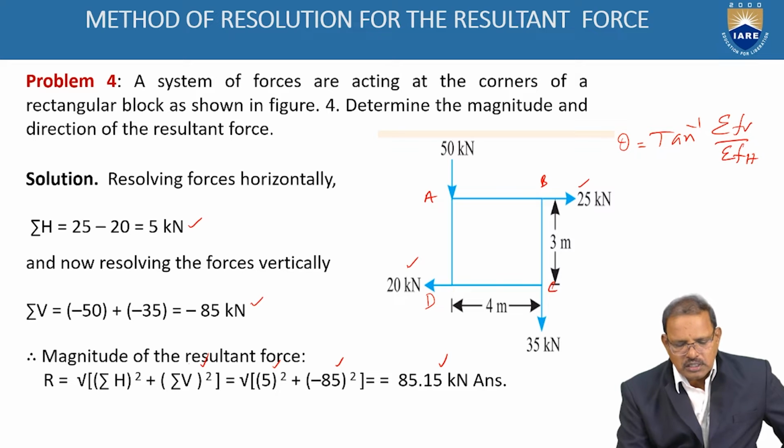That means the resultant force lies in the fourth quadrant. That means the inclination lies between 270 and 360 degrees, measured with respect to the x-axis.